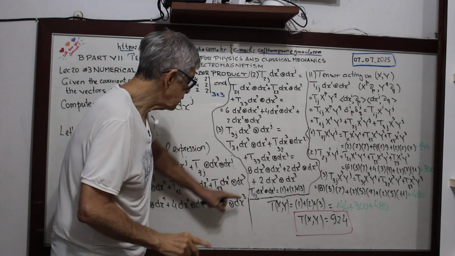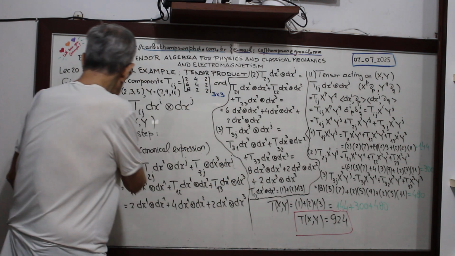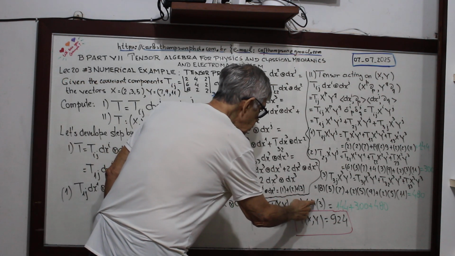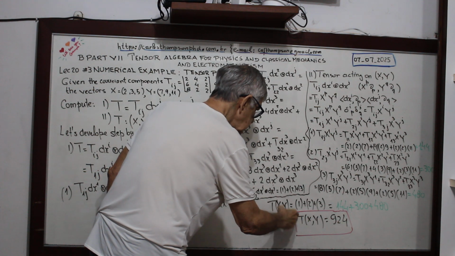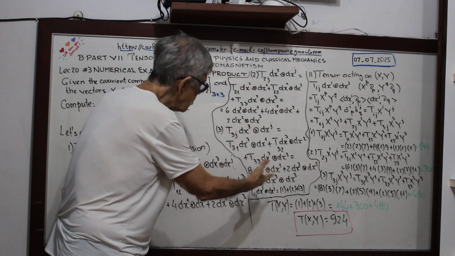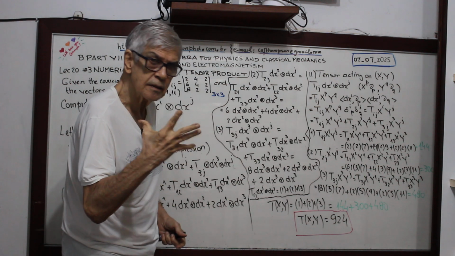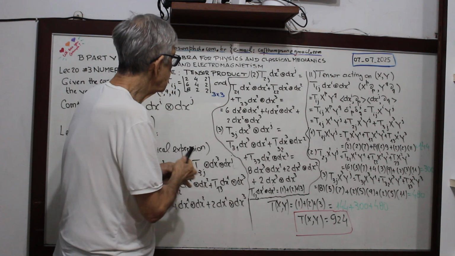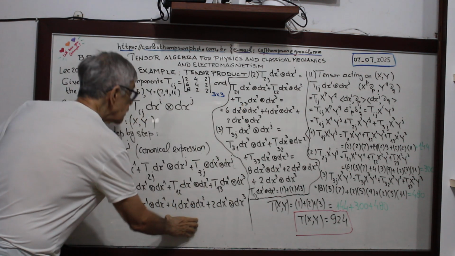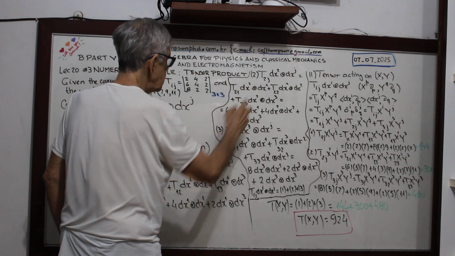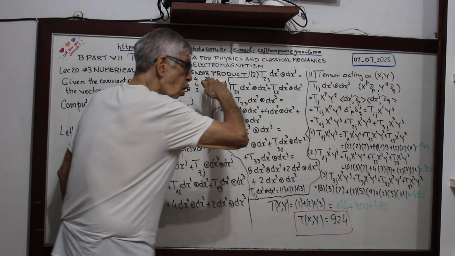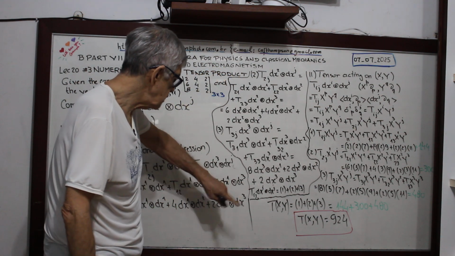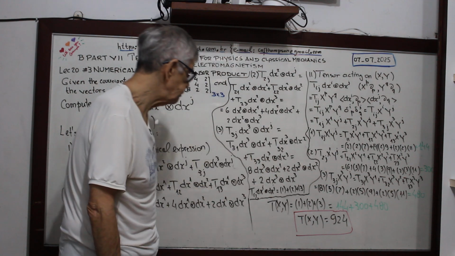Now, what's important, the answer of item 1 is just 1 plus 2 plus 3, and I just write here 9 components, because it's 3 for this one, 3 for this one, and 3 for this one. I copy them in one row, so I have this expressed as 1 plus 2 plus 3.